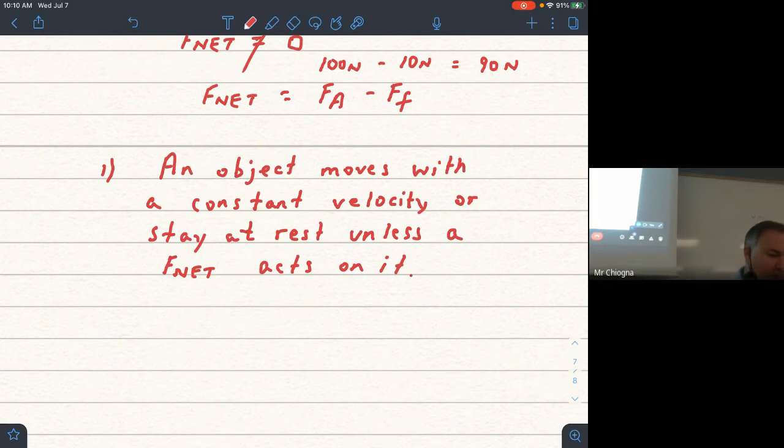If it was far enough away from the Earth, it would just keep moving in a straight line. So what is constant velocity? Constant velocity means constant speed. If you were able to throw it at 2 meters per second, it would keep moving at 2 meters per second.